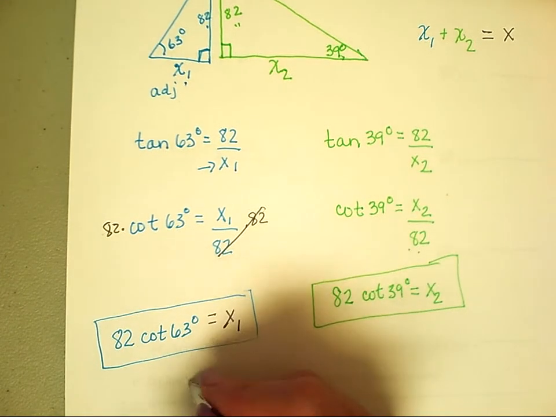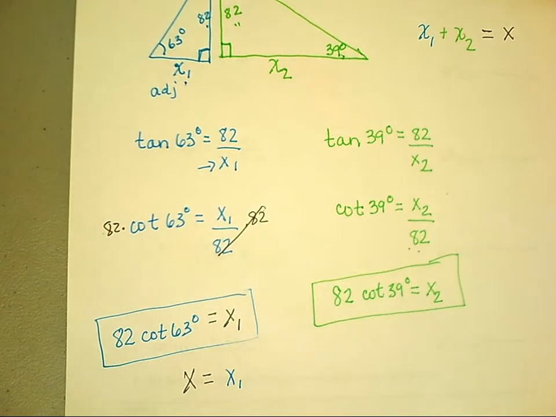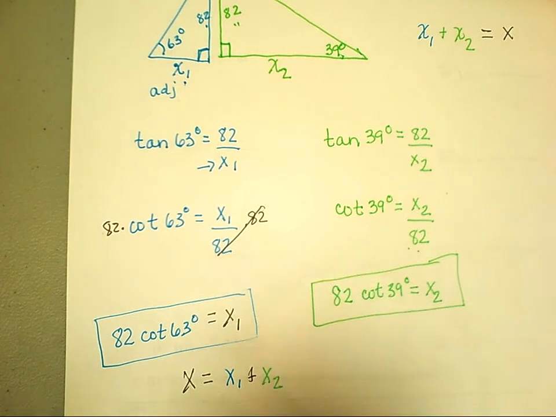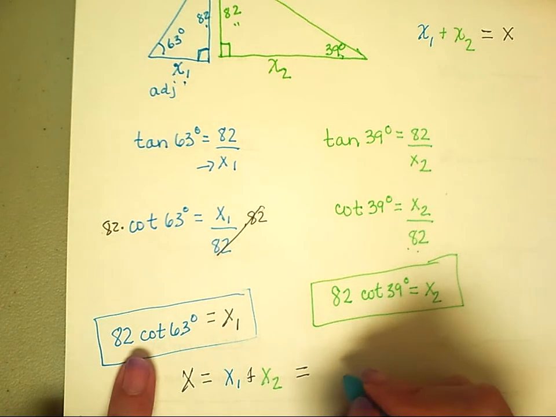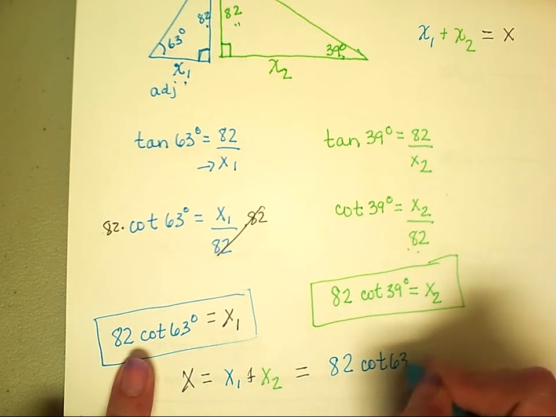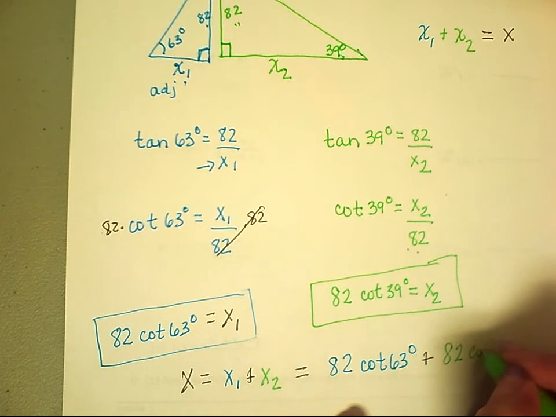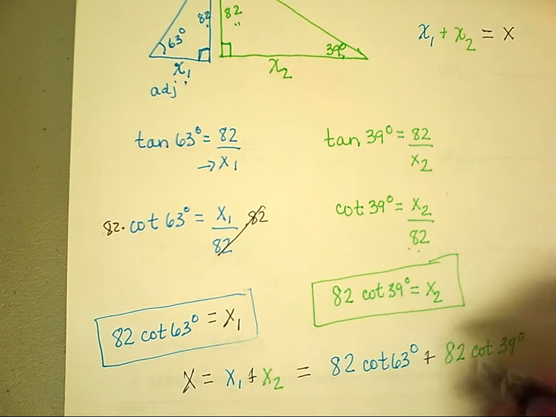So now we can complete the problem. We have that x is equal to x1 plus x2, but we know x1 from here is 82 cotangent of 63 degrees plus 82 the cotangent of 39 degrees.